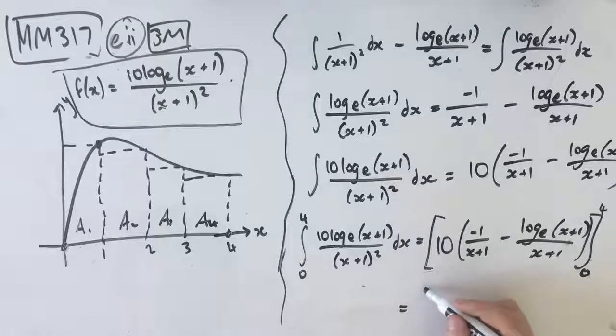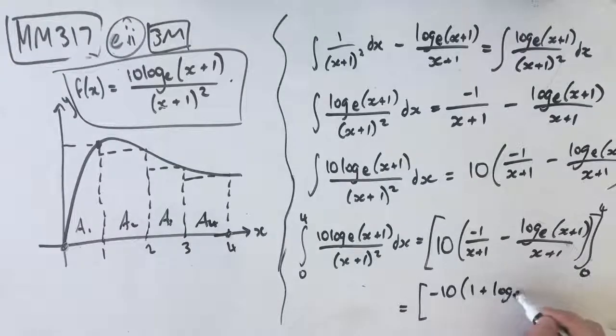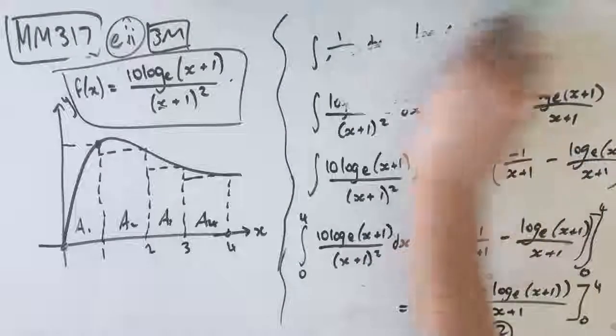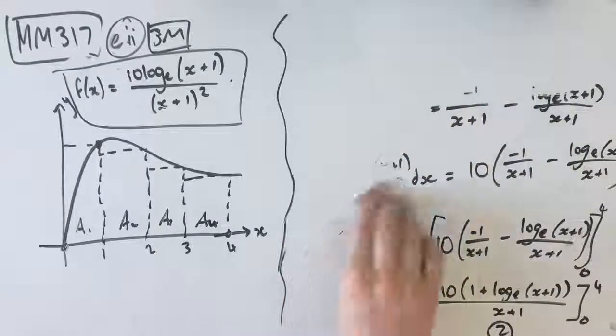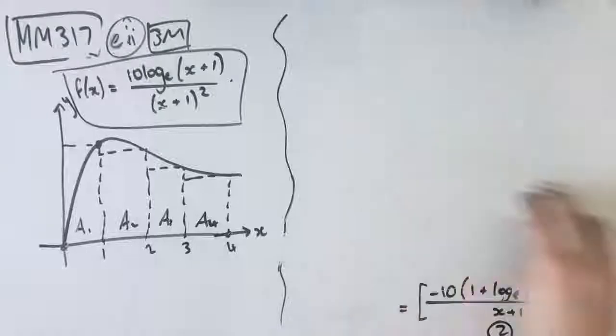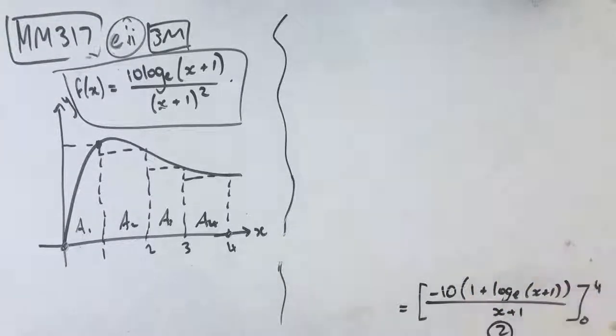This is equal to negative 10 times 1 plus log e of x plus 1 over x plus 1, from 0 to 4. Exactly the same thing. I'm just doing this because that's the way I've written it in the worked solutions. You could do this in infinitely many ways in terms of the working, but this is the way I'm going to show you.